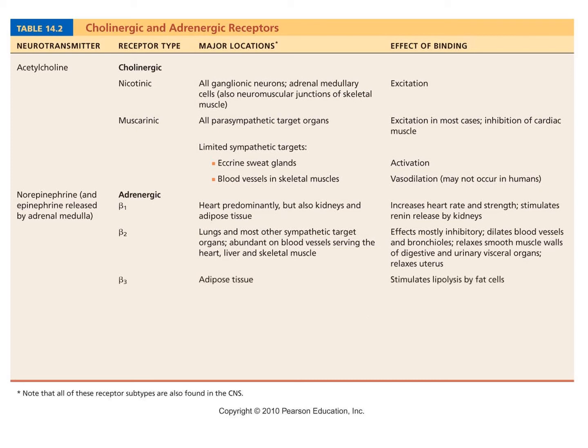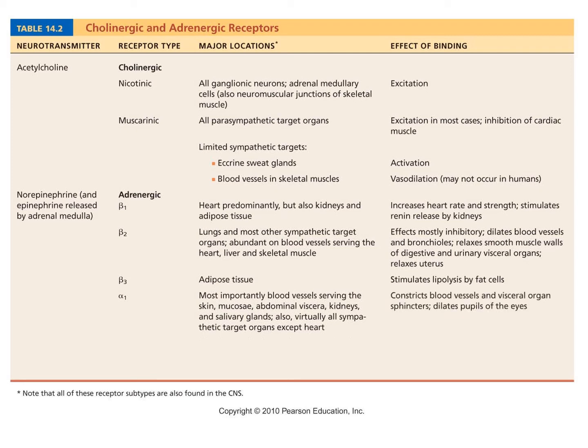Okay, beta 3 receptors you're going to find in adipose tissue, and this will stimulate lipolysis in response to adrenaline release. Alpha 1 receptors are in blood vessels that serve the skin, the mucosae, abdominal viscera, and so forth, and in virtually all sympathetic targets except for the heart.